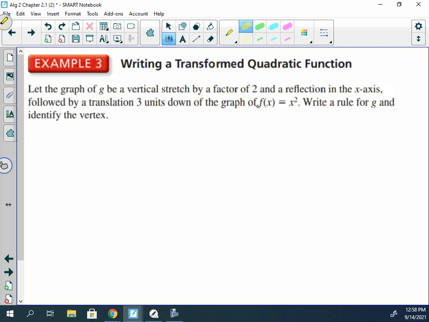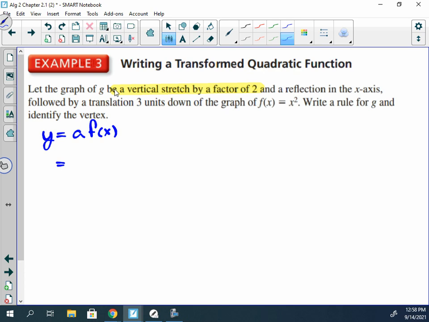Now, what is the first transformation that's listed? Vertical stretch by a factor of 2. The vertical stretch one is y equals a times f of x, because that's vertical stretch or shrink. And that'll be the first one that we use.